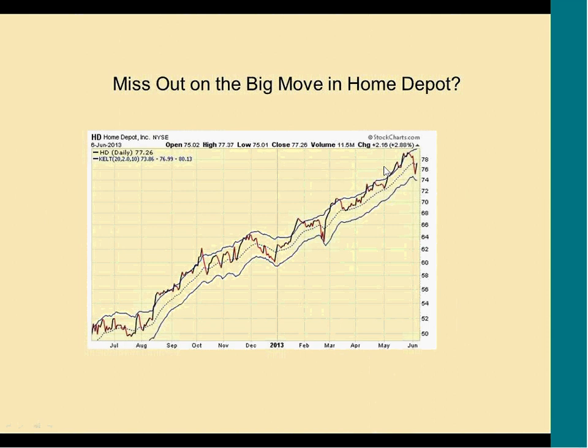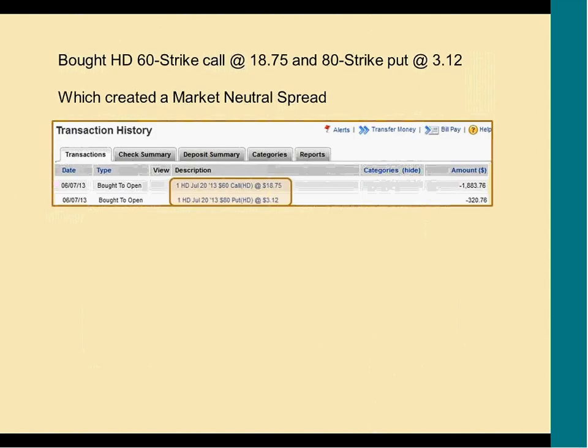So buying this 60 strike call and buying the 80 strike put is the market neutral option spread. Of course, the call option profits as the price of Home Depot stock increases, and the put option profits as the price of Home Depot stock decreases. So this is what I call a market neutral spread, because you have a bullish position and a bearish position.